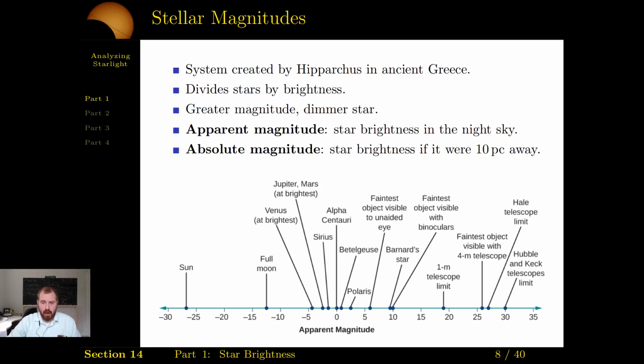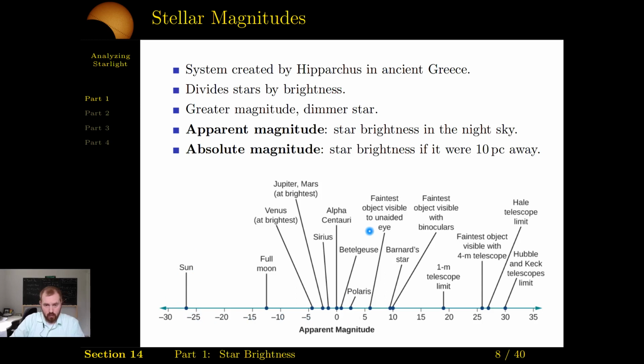So we talk about stellar magnitudes, all right? Let's go for Jupiter, Mars. These are the brightest planets in the night sky. Their magnitude is close to -2. Our sun is almost -30. And then you start going to the other side of the spectrum of this magnitude.